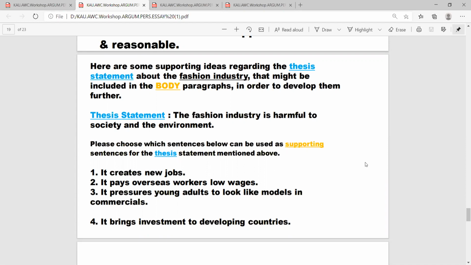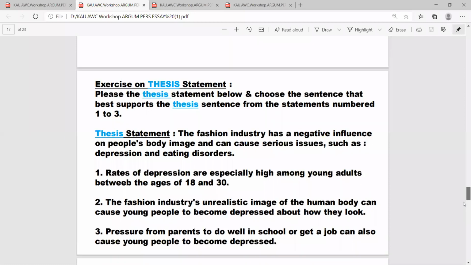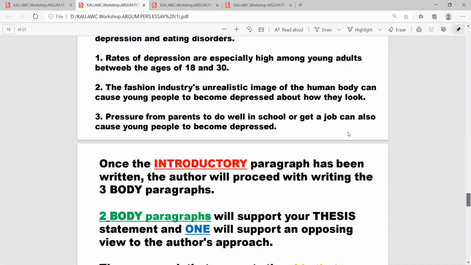Okay, so we have a different thesis statement than the one I presented before. The fashion industry has a negative influence on people's body image, etc. This is another thesis statement, ladies and gentlemen.